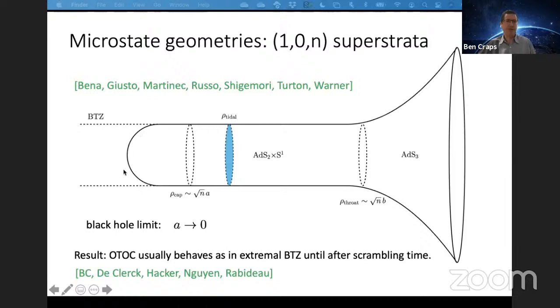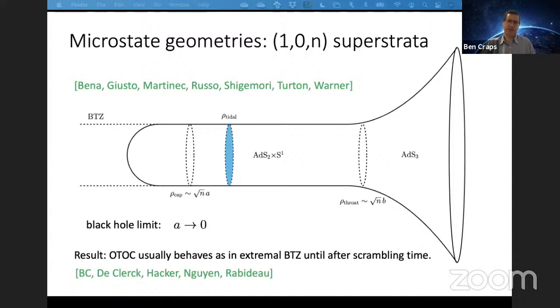But because the geometry is capped off, you can ask, what is the effect of this on the OTOC? In short, what we found is that usually, meaning unless you take the left-moving temperature to be huge, the OTOC behaves precisely the same in this superstrata geometry as it does in the extremal BTZ black hole until the scrambling time.